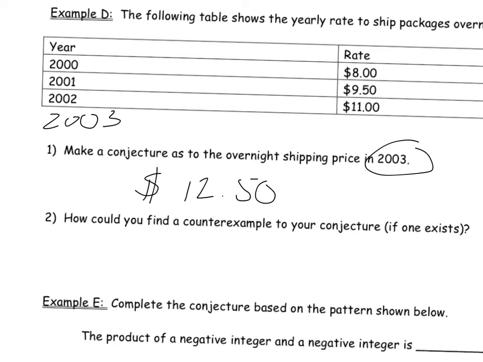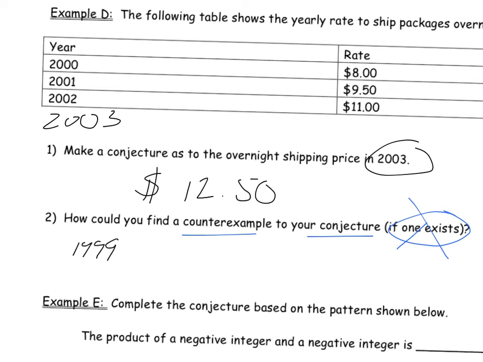My last question for you here is, how can you find a counterexample to your conjecture, if one exists? If we continue this pattern on for 2007, 2008, 2009, so on and so forth, it's reasonable to believe that shipping will continue to raise $1.50. So maybe there isn't one. However, what if we went backwards in time and we went to 1999?